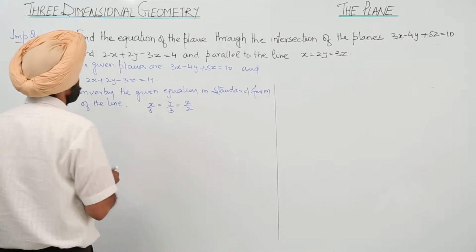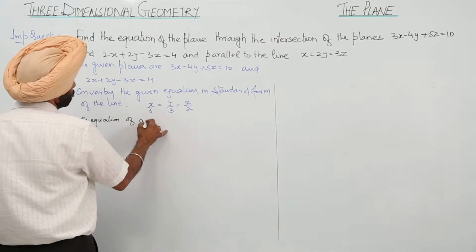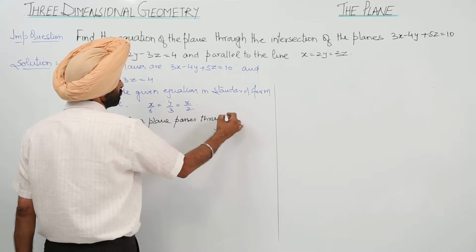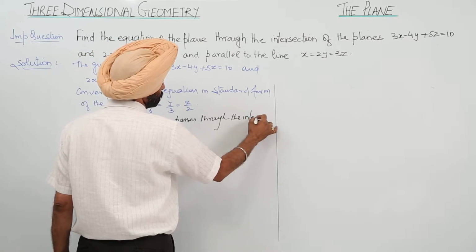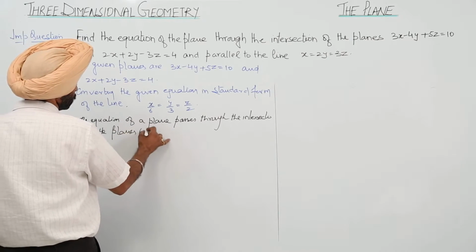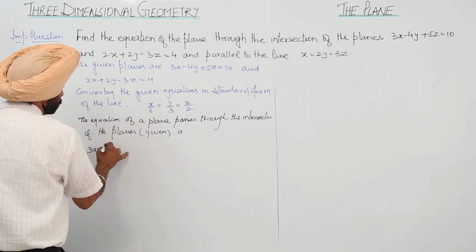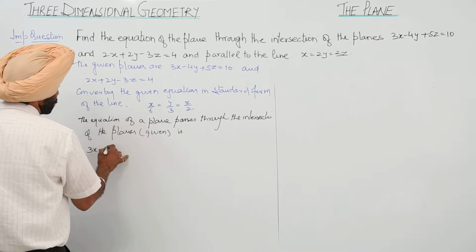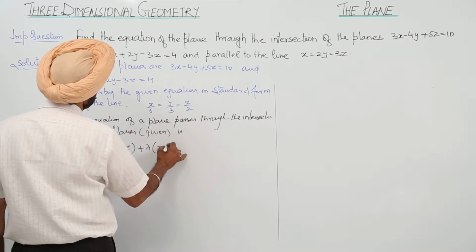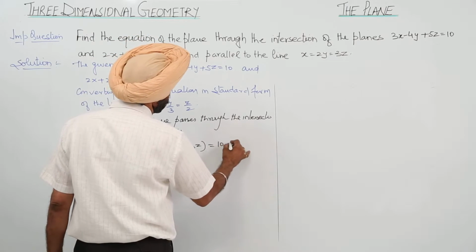Now, the equation of a plane passes through the intersection of the given planes is 3x minus 4y plus 5z plus lambda times (2x plus 2y minus 3z) is equal to 10 plus 4 lambda.